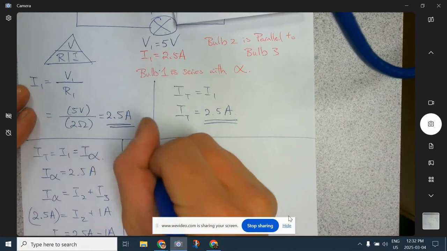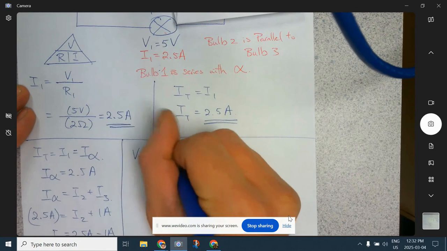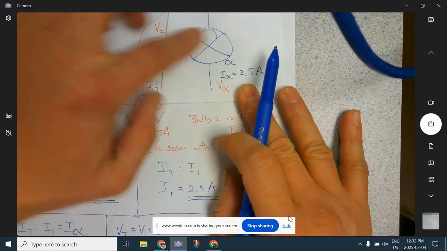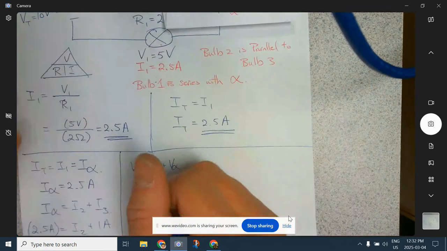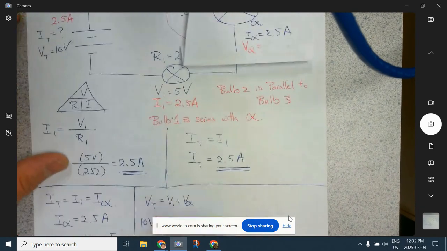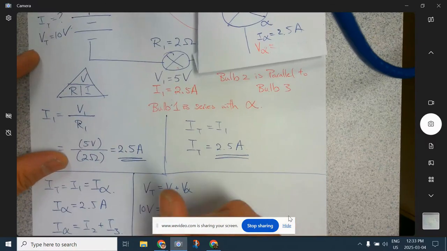V total equals V1 plus V alpha. V total is 10 volts. V1 is 5 volts. So we don't know what V alpha is.